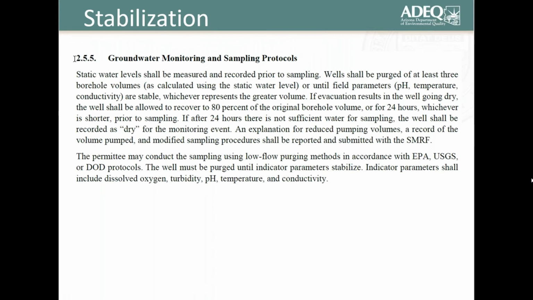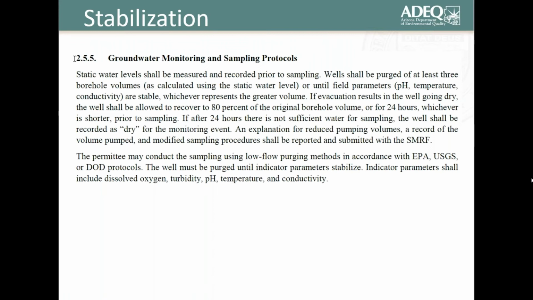And wells shall be purged of at least 3 borehole volumes. Again, there's a calculation for that, but it specifically says that we need to measure the depth to groundwater, and we need to purge that well at least 3 volumes, or until field parameters, the pH, temperature, and conductivity, are stable prior to sampling, whichever represents the greater volume.